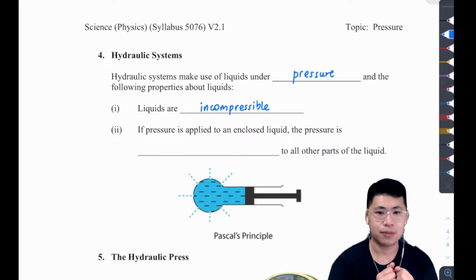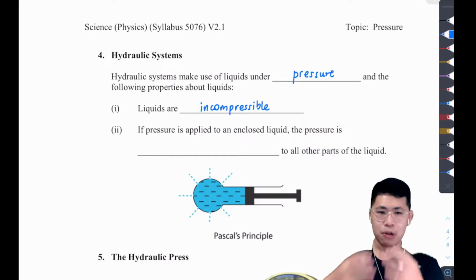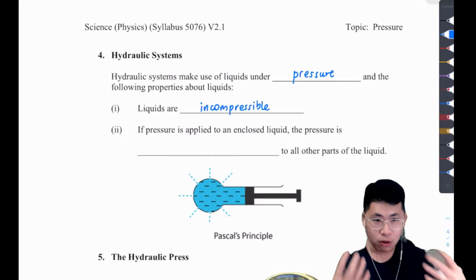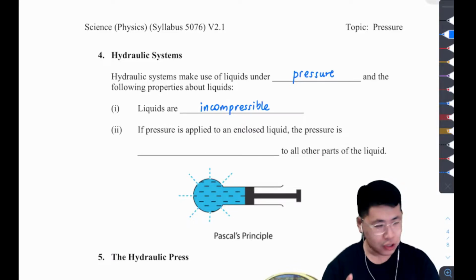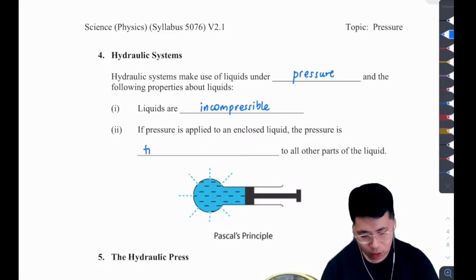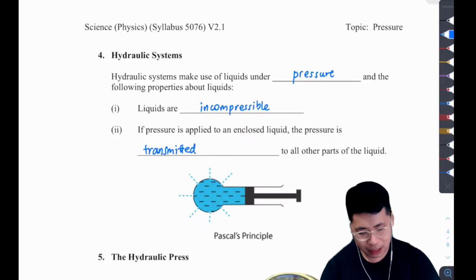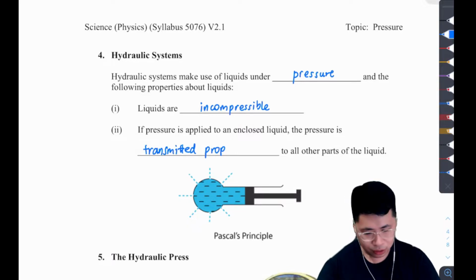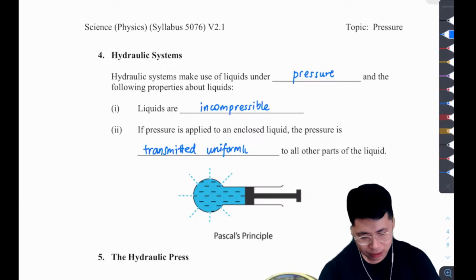kinetic model. Next, if pressure is applied to an enclosed liquid, then the pressure is transmitted uniformly because of the liquid being incompressible, right?